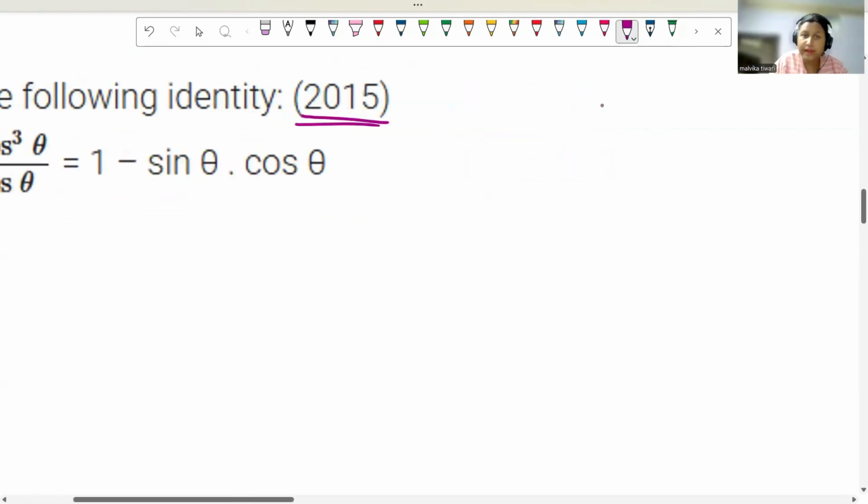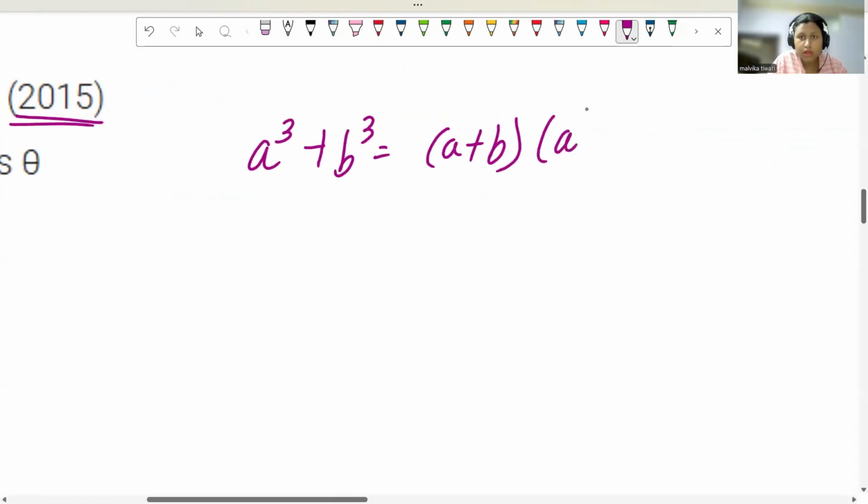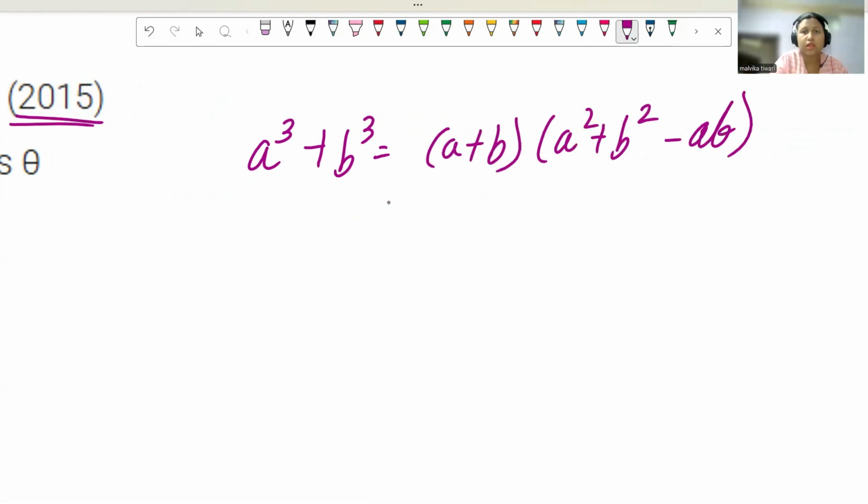So for proving this identity, I hope you all remember a cube plus b cube is (a plus b)(a square plus b square minus ab).